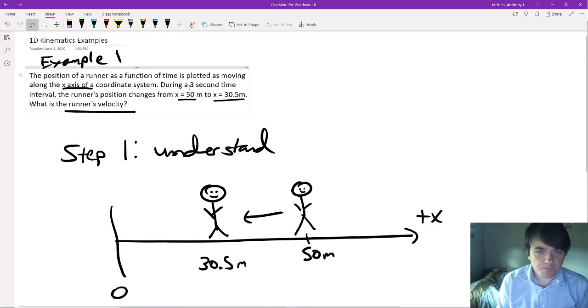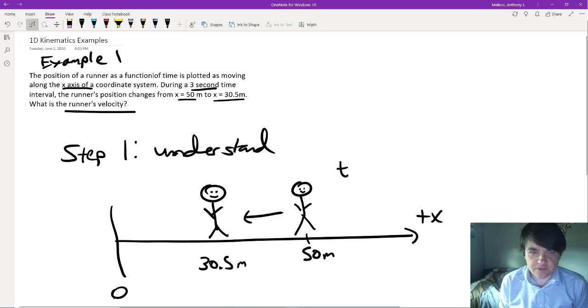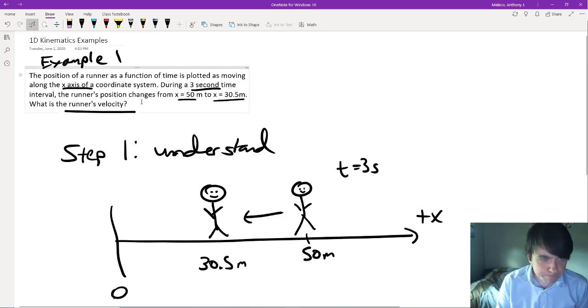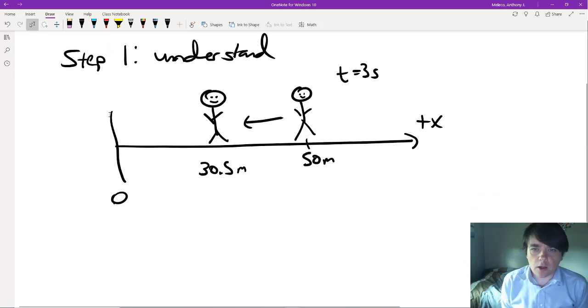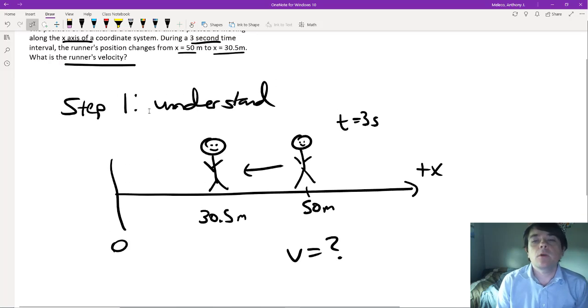I've drawn the problem. You may want to say off to the side, because there is a 3-second time interval, you may want to just say t equals 3 seconds and list other information in the picture, like what is velocity.